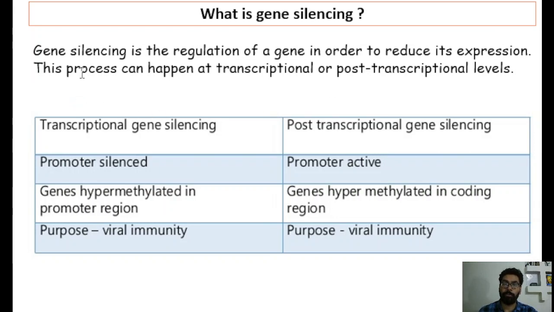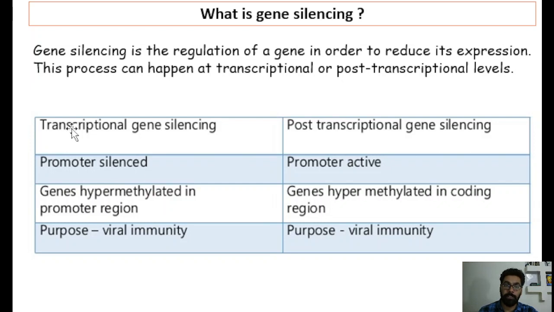So gene silencing is the regulation of a gene in order to reduce its expression. This is important. Normally in gene silencing we are not switching off the total expression of any gene, we are just reducing its expression. As I already told, it can happen at the transcriptional or post-transcriptional level.